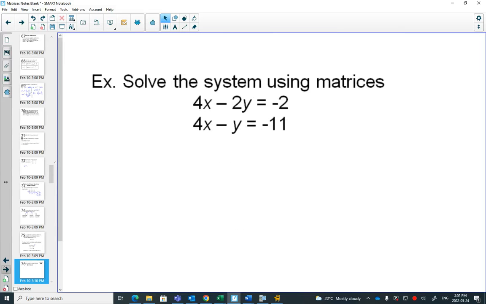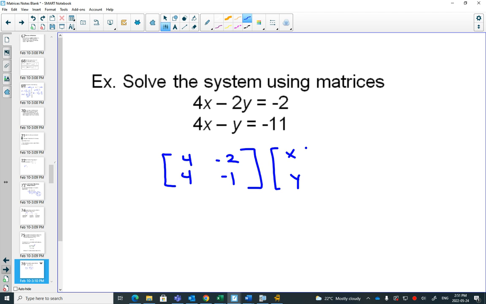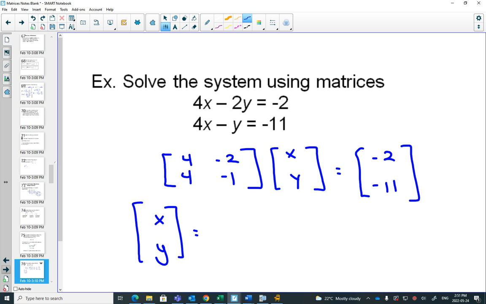So if we look at the question we just had, this as a matrix equation would be 4, negative 2, 4, negative 1. Now, the inverse of matrix A, if I multiplied this side in front by A inverse, I would have to multiply this side in front by A inverse.